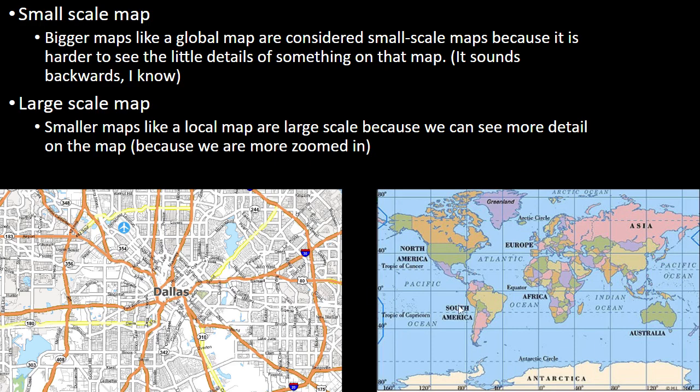You're not going to get a lot of detail from these maps. That's all it is. A small scale map is actually a big map. Now, the other way around here, a large-scale map is actually going to be a map of a very small area. With large-scale maps, you see a lot more detail. So I know it sounds backwards. You think small-scale map equals small map, large-scale map equals large map. It's backwards. Just remember that.